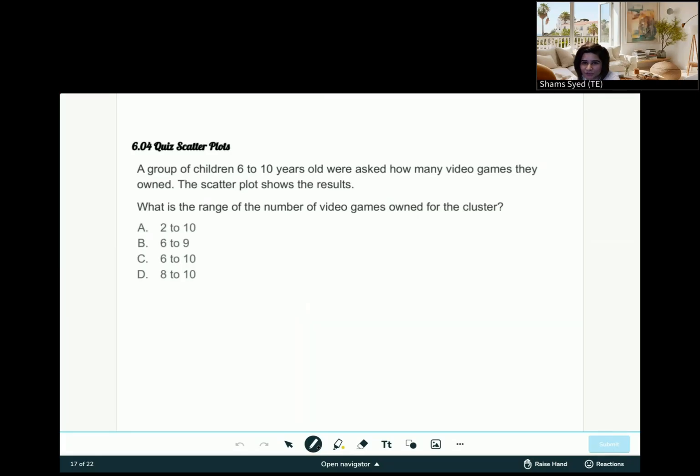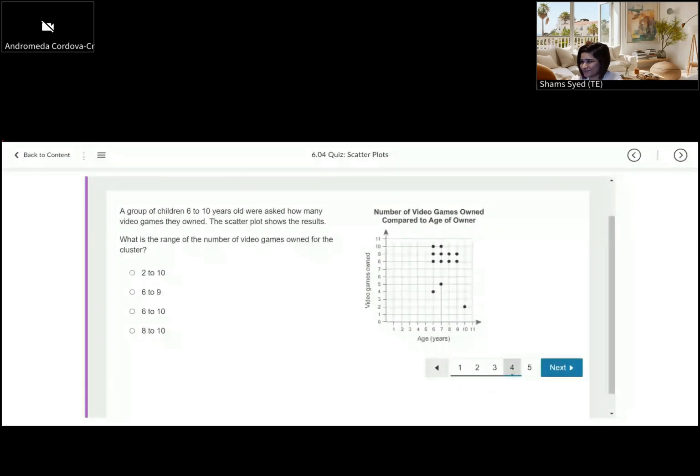It's a group of children, 6 to 10. Andromeda, your turn to share the screen. Go ahead. Andromeda's turn to share the screen. We will look at it together. Group of children, 6 to 10. Here we approve. Mia also has it. And we are still finding range, right?